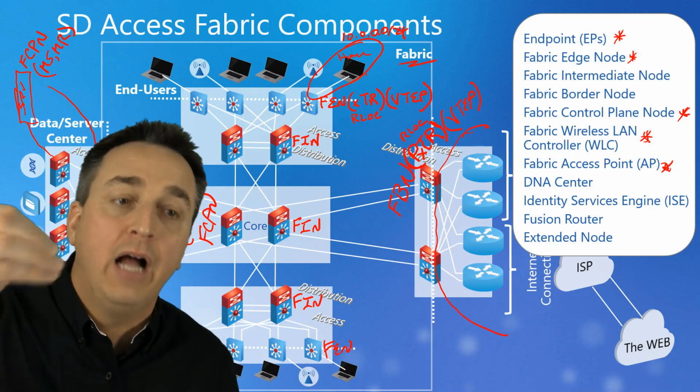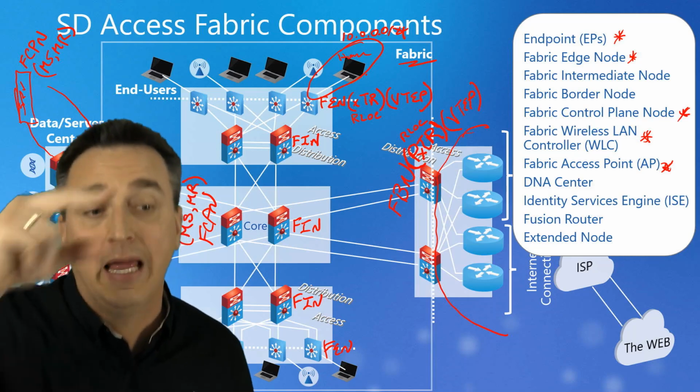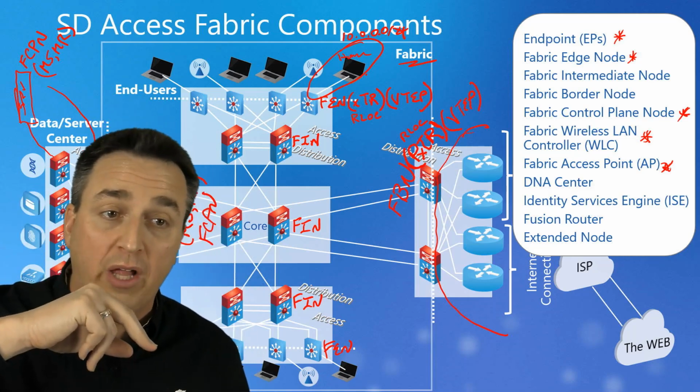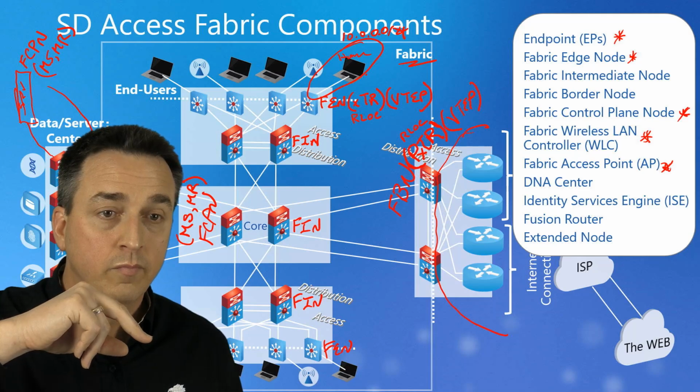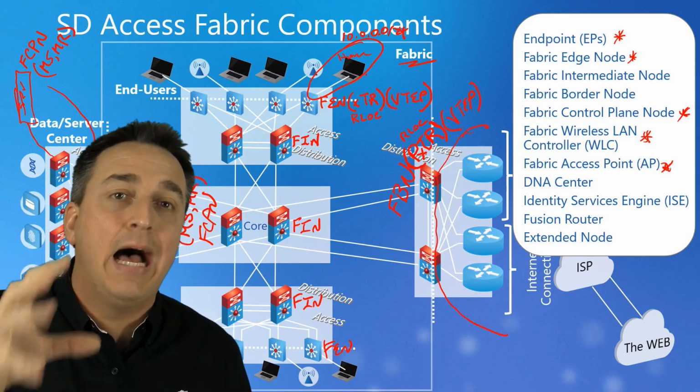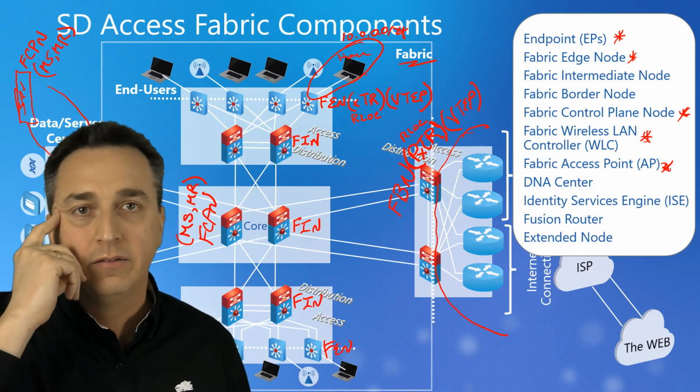They have the ability to update who? The wireless LAN controller, so that the wireless LAN controller can update the fabric control plane node. And they have the ability to encapsulate our users' traffic into what? VXLAN.